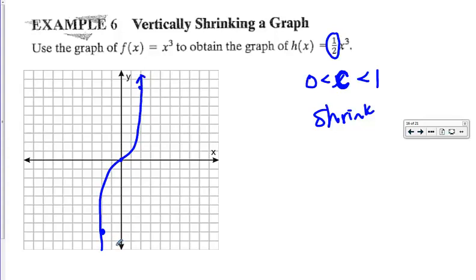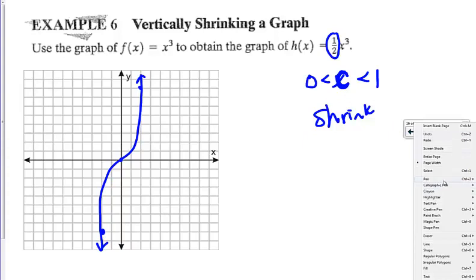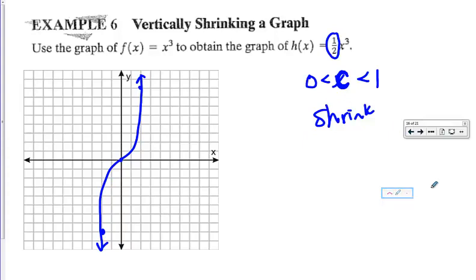Okay, so the way I do this shrink, or the vertical stretch as they call it, is I'm going to take my y value times that c. So on this one, my -2 doesn't change, but instead of it being -8, I'm going to take -8 times 1/2, which is -4. So (-2, -4) is right here.